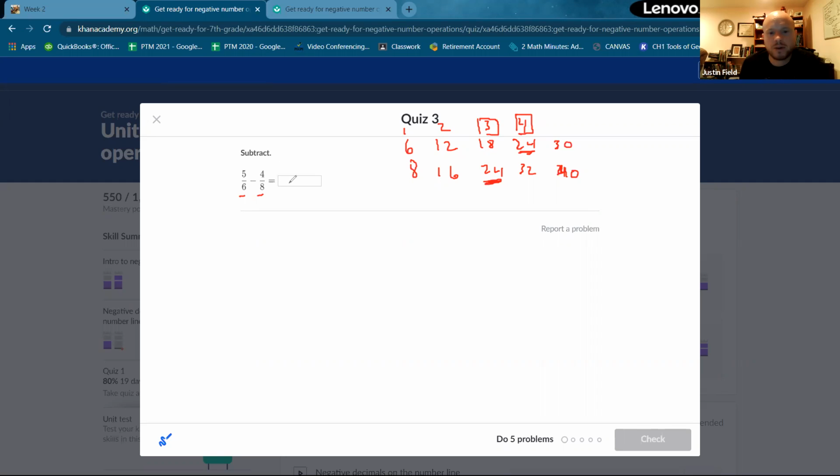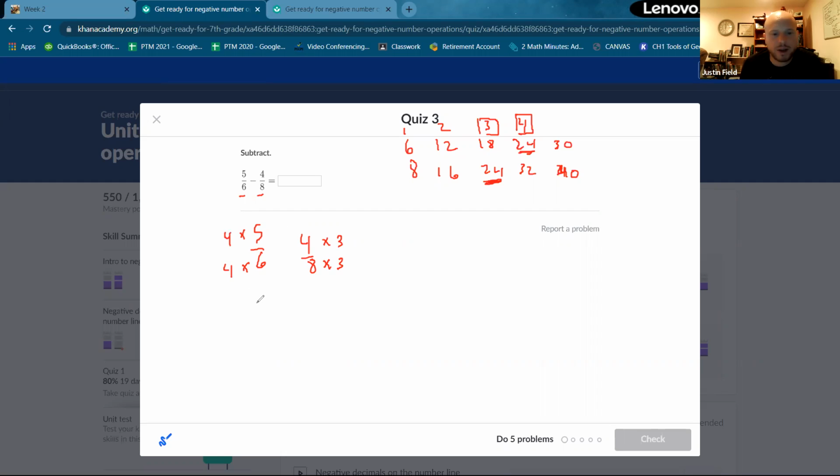So if I multiply these, I can get both the denominators to be 24. So all I gotta do is take the 4/8, multiply 8 by 3, which means I multiply the 4 by 3. And for 5/6, I gotta multiply the 6 by 4, so I multiply the 5 by 4.